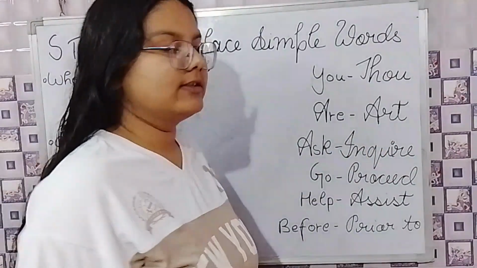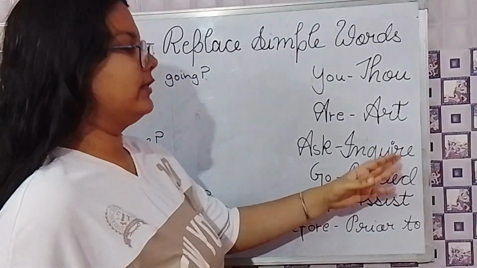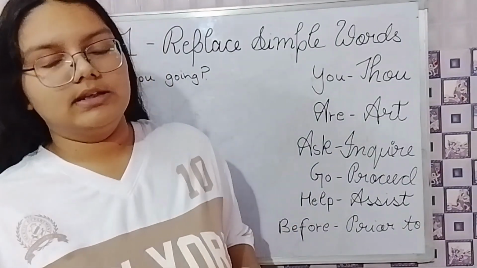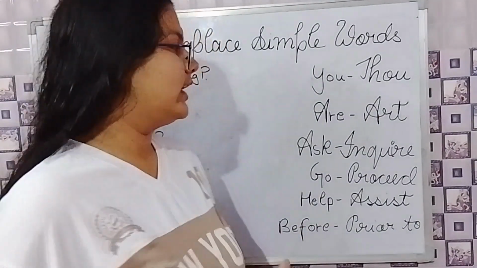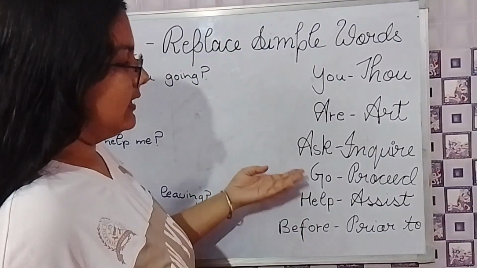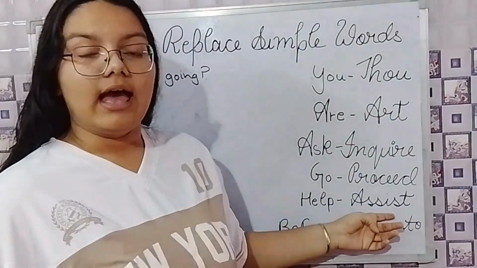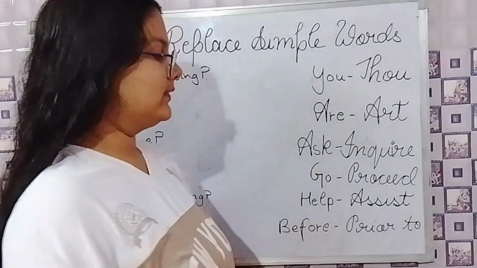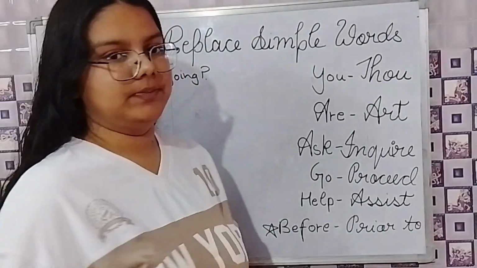Are changes into art. Ask changes into inquire. Inquire is basic. We use it in our daily conversation, for writing formal letters, etc. So you are familiar with this one, I hope. And the next ones are go, proceed; help, assist; and the most important one is before, prior to.